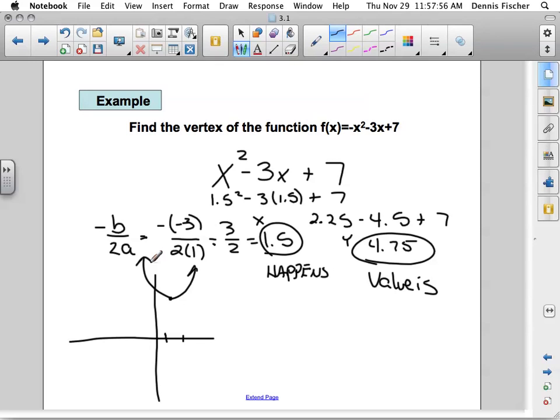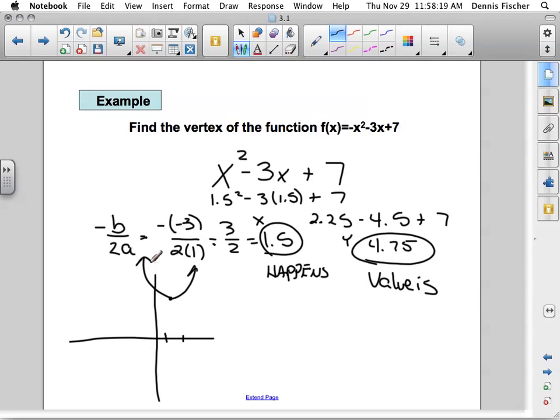What's the next question? Axis of symmetry is x equals 3 halves or 1 half. Y-intercept, where does it cross the y-axis? 7. Plug in 0 for x. That's your y-intercept. So can you find the x and y intercept?